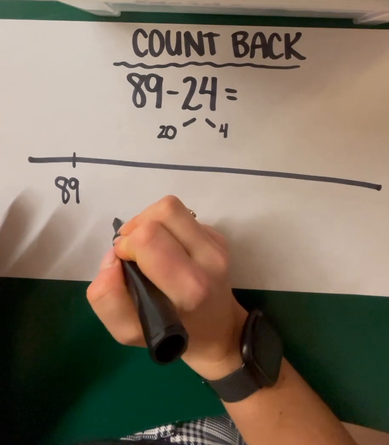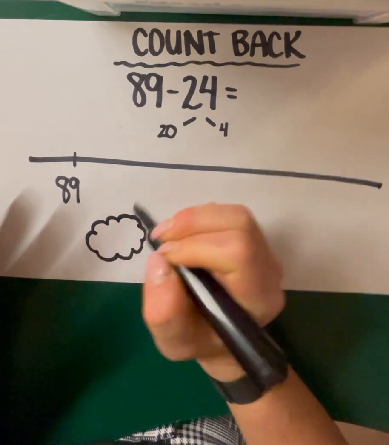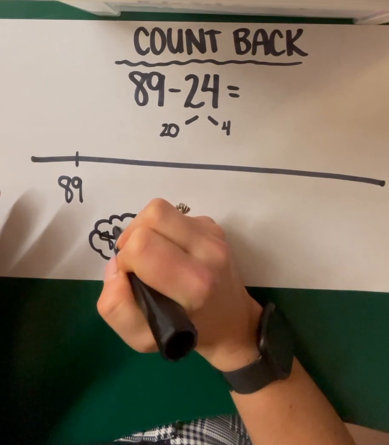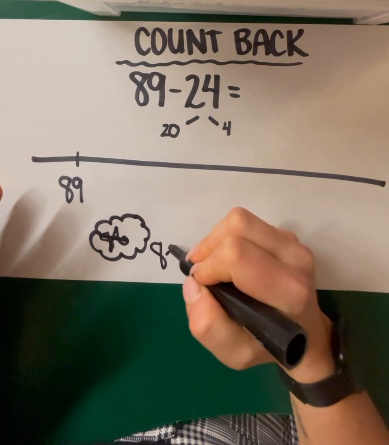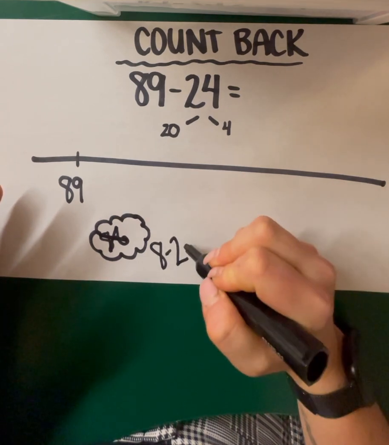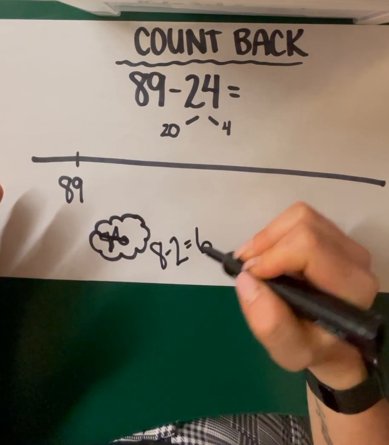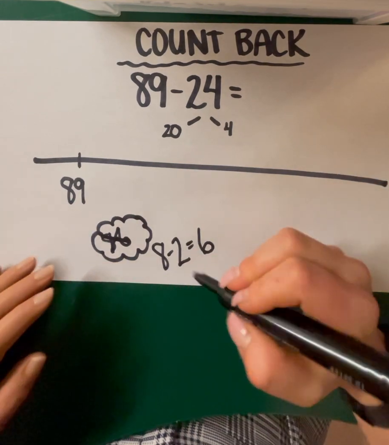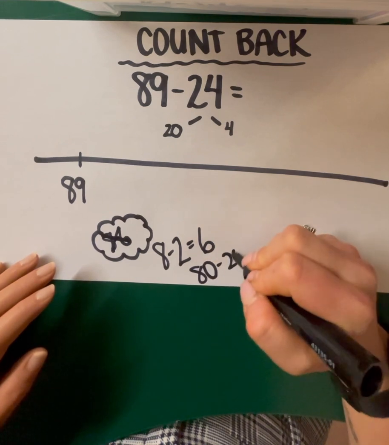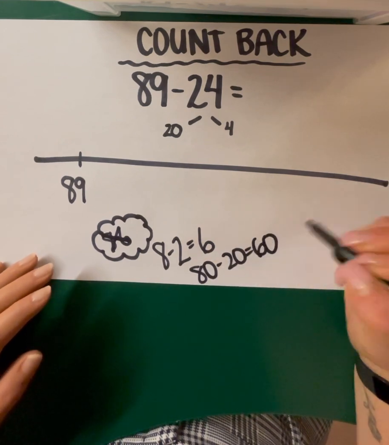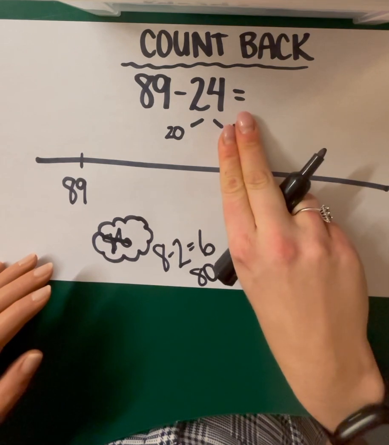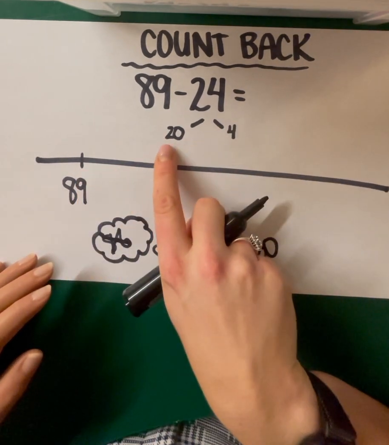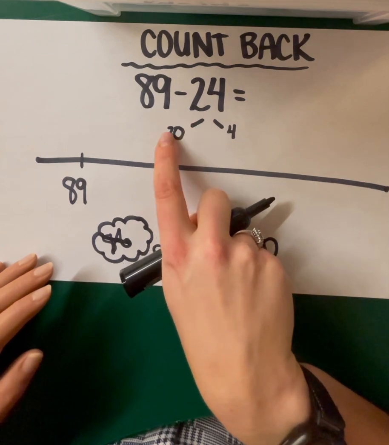This might be a moment where your child is thinking, hey, 8 minus 2 is 6. Therefore, 80 minus 20 would be 60. I know that I'm not touching my ones yet, so I don't need to worry about my ones over here. I'm just going to take away those 2 groups of 10.